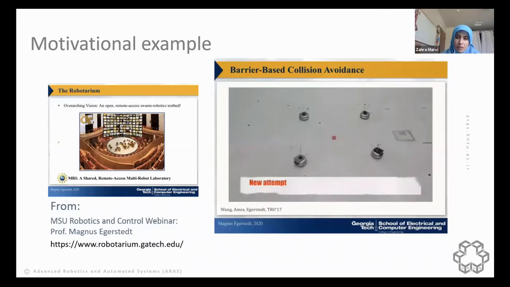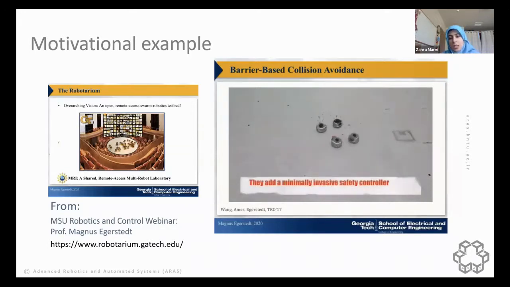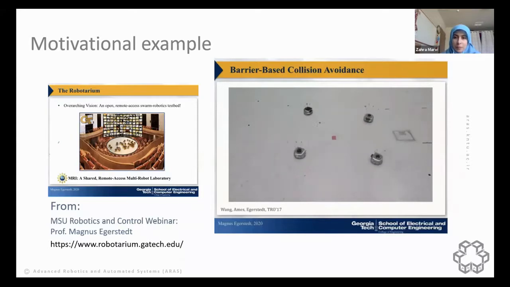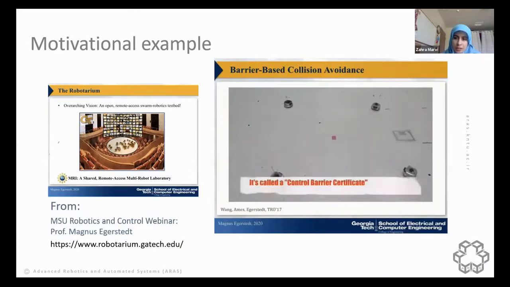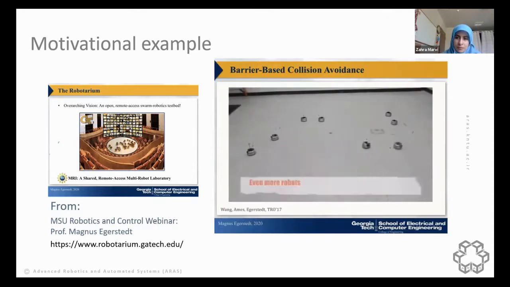Now, by means of a control barrier function, they go to the center, turn around, and go back to their desired position. The controller was assumed to be not known ahead of time, so it was not possible to design a specific trajectory to have collision-free behavior. This worked with a larger number of robots.